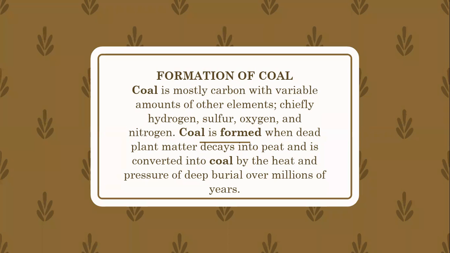You can see on your screen that coal is formed when dead plant matter decays into peat and is converted into coal by the heat and pressure of deep burial over millions of years.